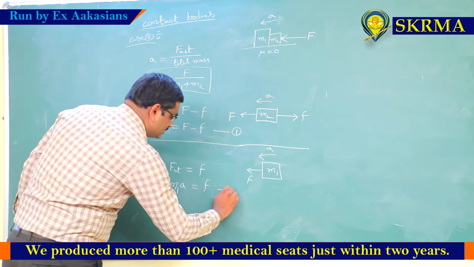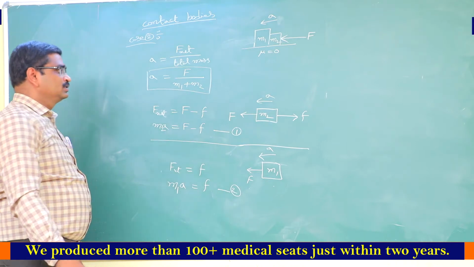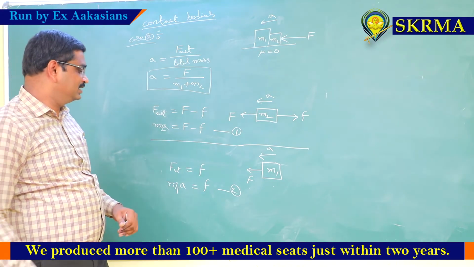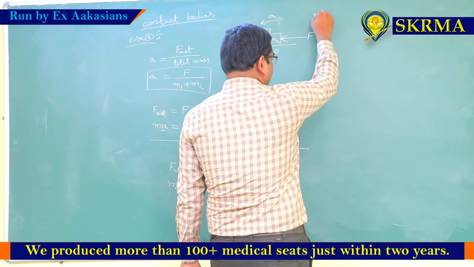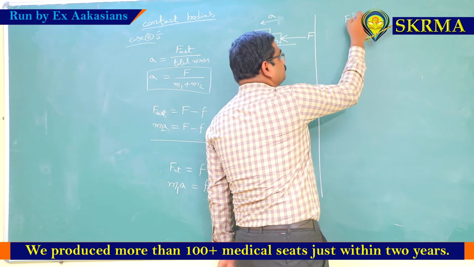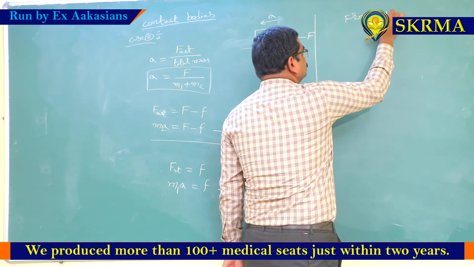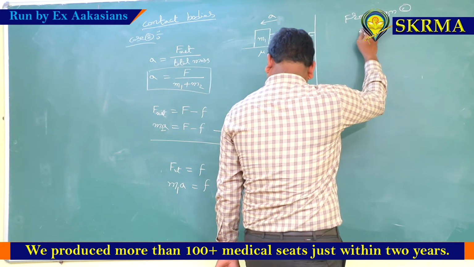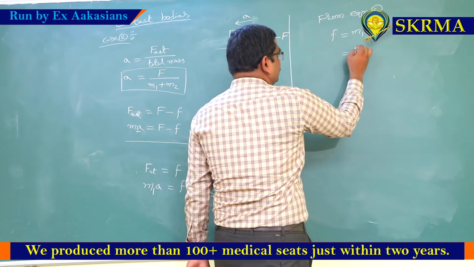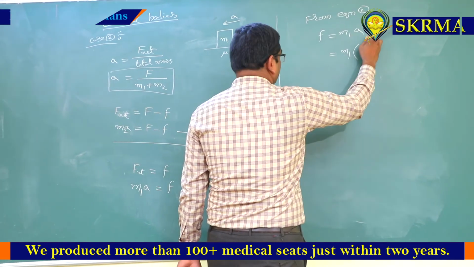Now this is equation number 2. Just substitute this acceleration in equation number 2 and solve for contact force. From equation 2, contact force F equal to m1 into A. What is the acceleration?